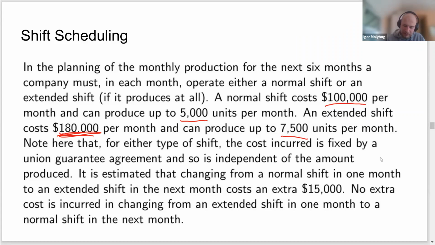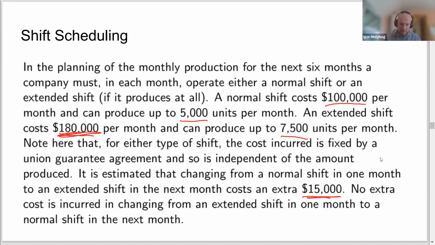It is estimated that changing from a normal shift in one month to an extended shift in the next month costs an extra $15,000. No extra cost is incurred in changing from an extended shift in one month to a normal shift in the next month.